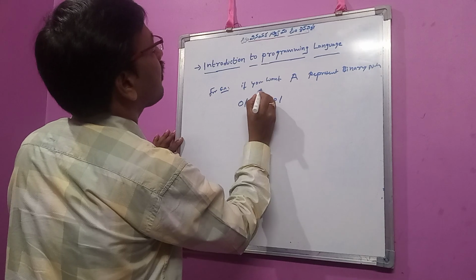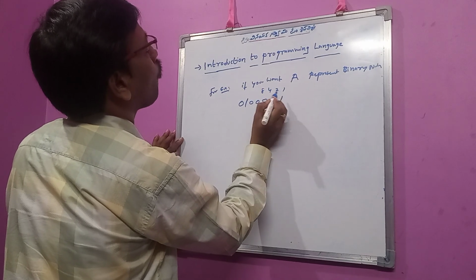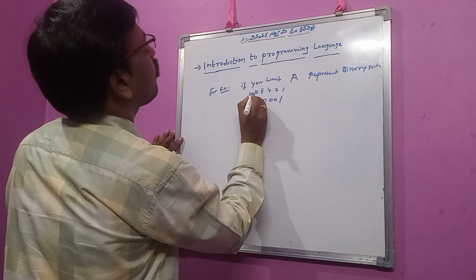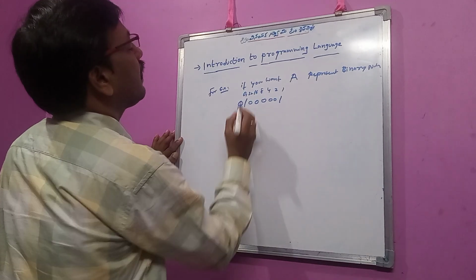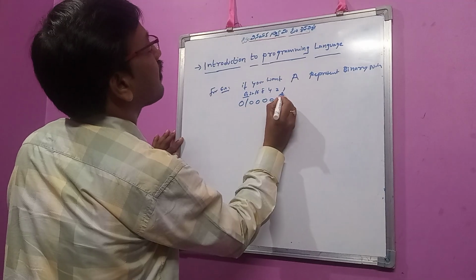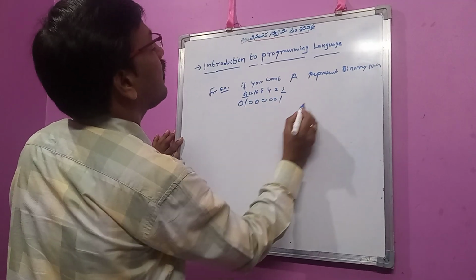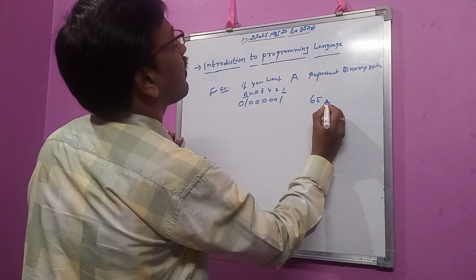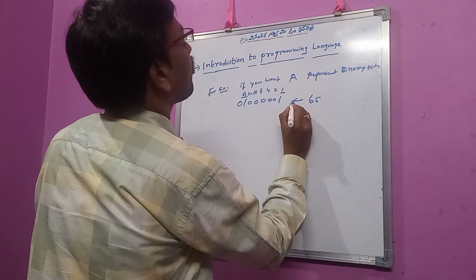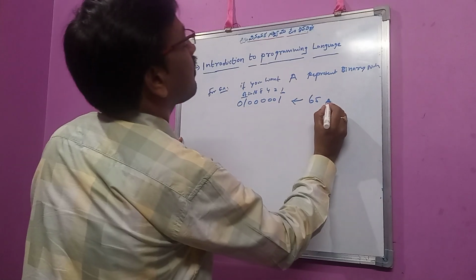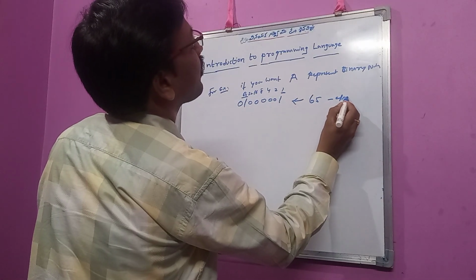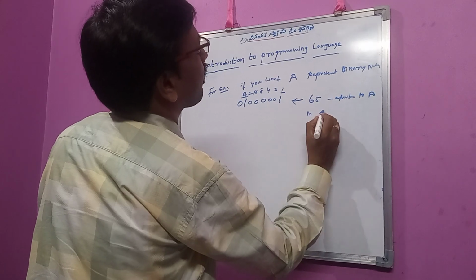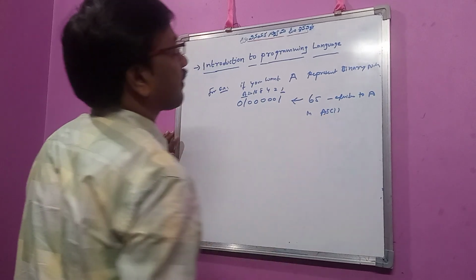Here you can see 8, 4, 2, 1, 16, 32, 64. The 64 position has a 1, and totally this represents 65. This binary code is equivalent to A in ASCII format.